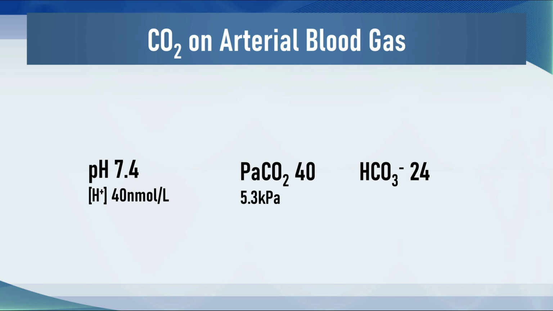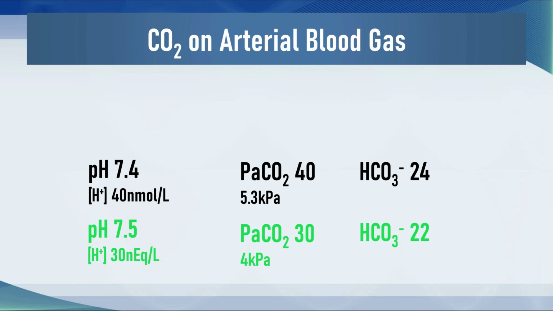Conversely, if the patient wakes up with anxiety, agitation, or pain, they may hyperventilate. The PaCO2 in this case falls from 40 to 30 millimeters of mercury, or 4 kilopascals. This reduces the amount of acid in the extracellular fluid, so the hydrogen ion activity falls from 40 nanoequivalents per litre to 30 nanoequivalents per litre, and the pH rises.